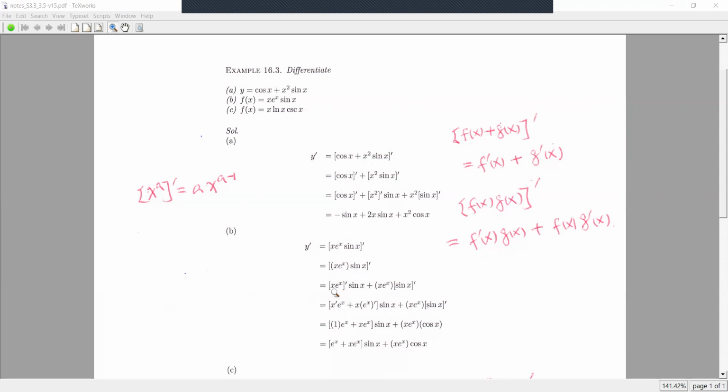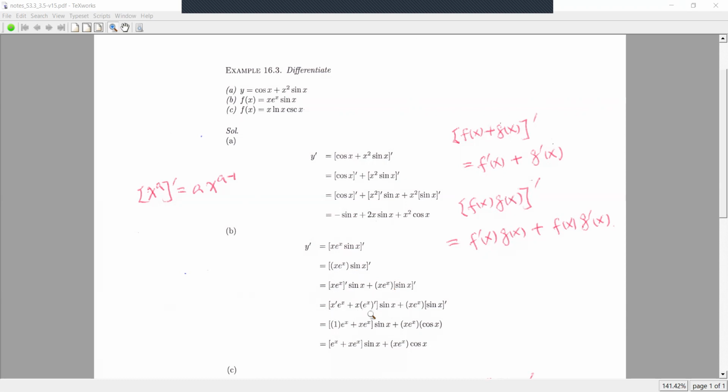To compute this derivative, because the function is a product, function x times function e^x, apply the product rule to this derivative. Then we get this equation. Now, derivative of x is 1.